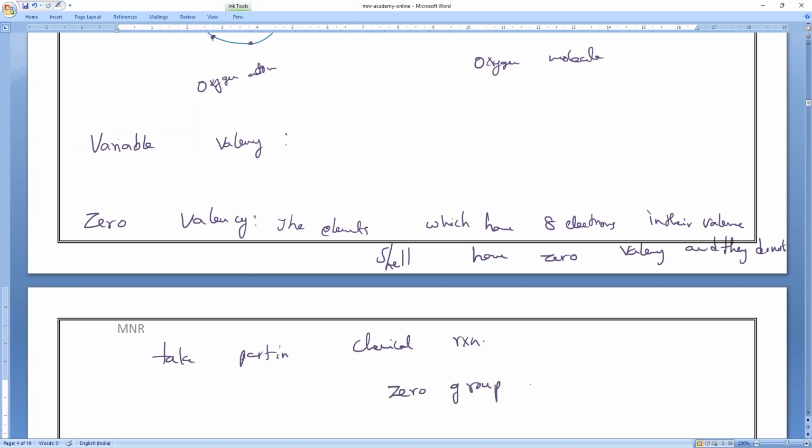What do we call them, everyone? Zero group elements, or we can say inert gases, or noble gases, or unreactive gases, or stable gases. Please note it. All of these mean the same thing: inert gases, zero group elements, everything is the same thing. Hope you all understand.